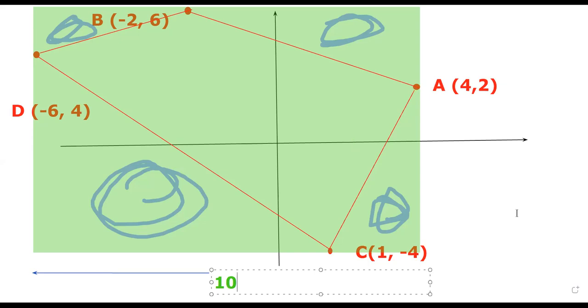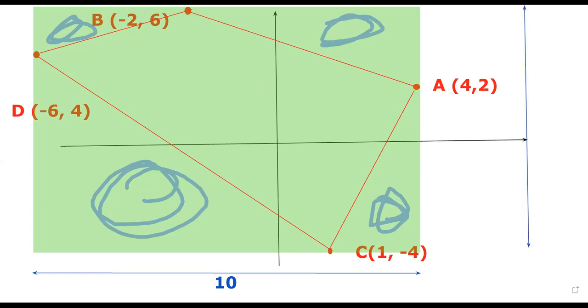And for the width, it extends from the topmost to the bottommost, from -4 to 6, again equal to 10. But later on, if you look closely, this side will have a length of 4 because it goes from 2 to 6, and this one, because it goes from 4 to -2, will have a length of 6. So this will be 4.